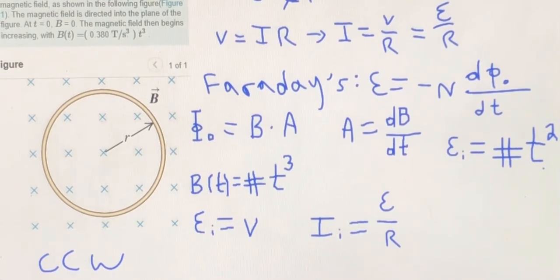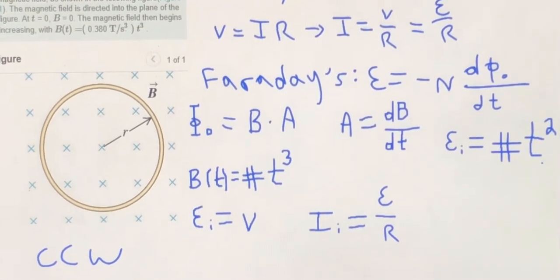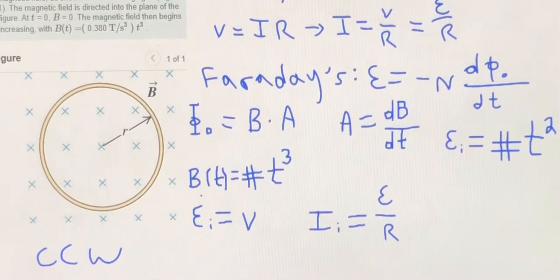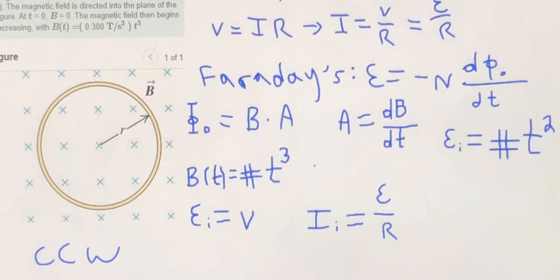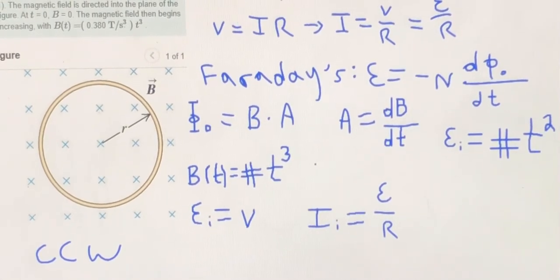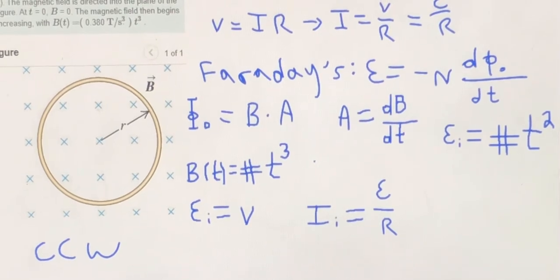We know the magnetic field at a given time, so we set it up as B of T equals a number times T cubed, and solve for it, which gives us your time.